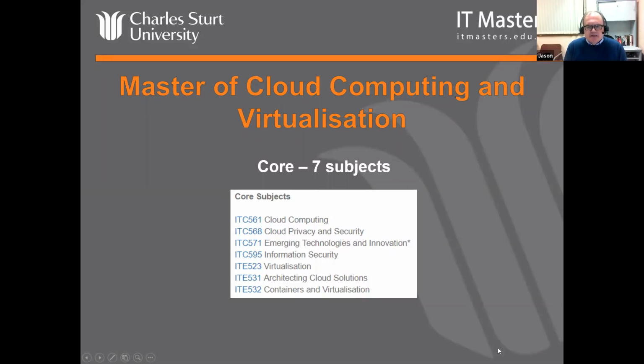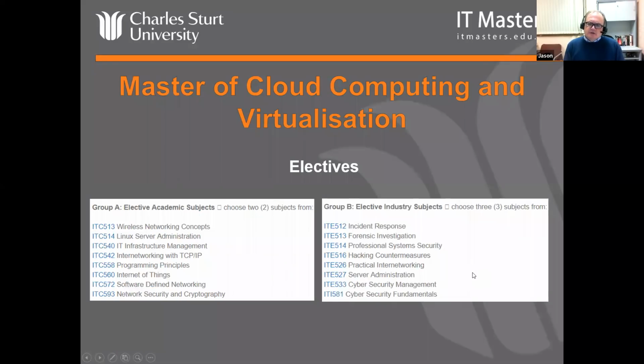So you can see there's a nice mix of the theoretical and the practical. So you would do those 7 core subjects. Everyone must do them. That's why they're core. And then you branch into different elective options. We won't go through all these tonight, but you can see we've got what we call academic subjects, which tend to be more theoretical. You need to choose 2 of those.